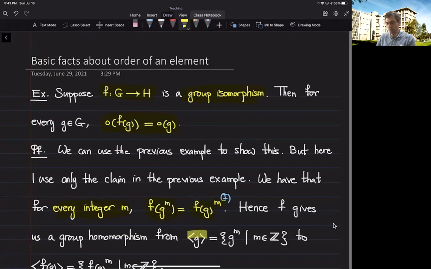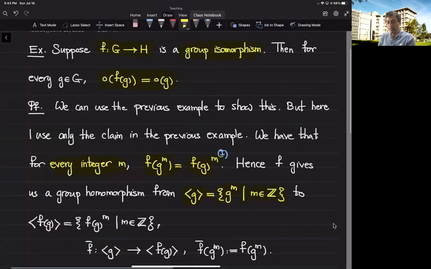In fact, the cyclic group generated by g consists of all the powers of g. This is the smallest subgroup that contains the element g. Similarly, the smallest subgroup that contains f of g, the cyclic subgroup generated by f of g, consists of elements of the form f of g raised to some integer power.